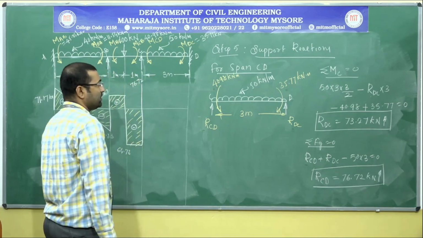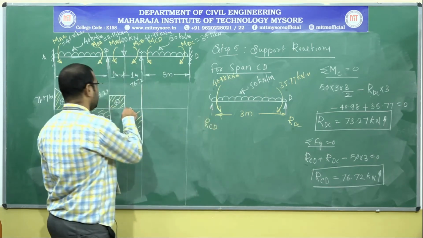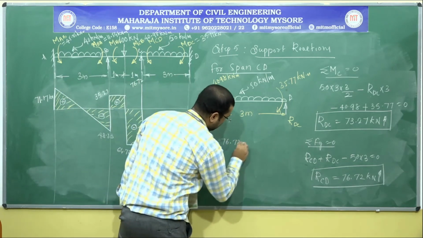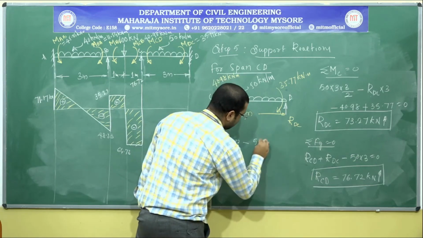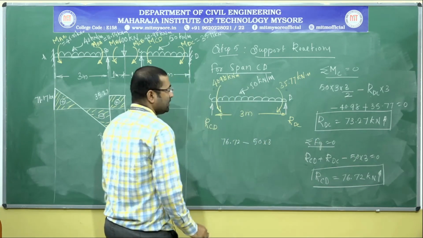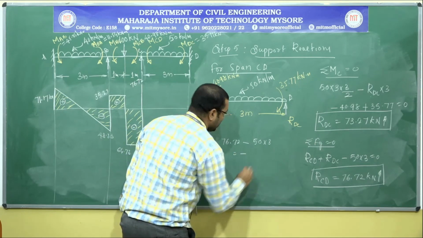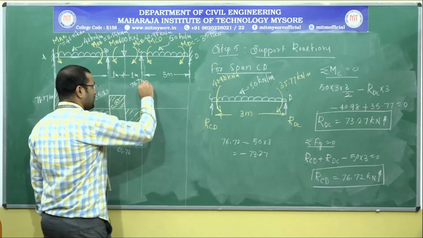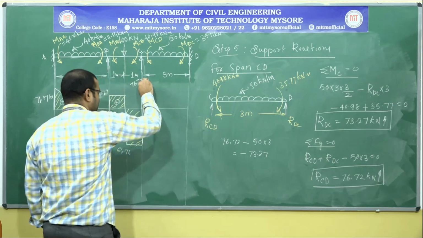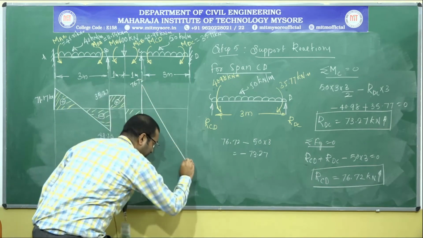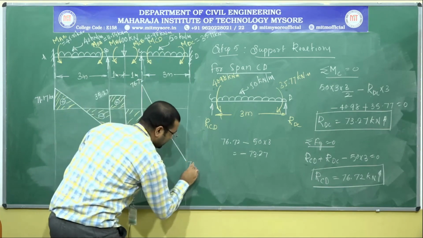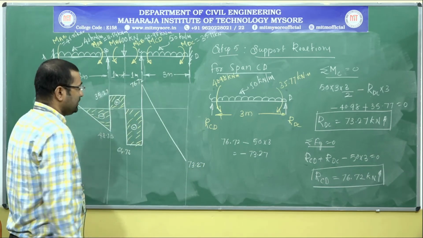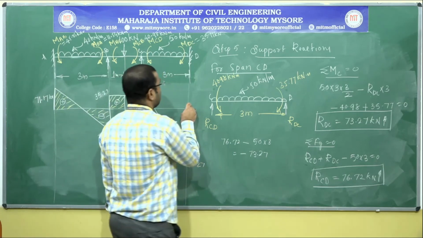We all know that because of the UDL the variation in the shear force diagram will be linear. So it is 76.72 minus this UDL, that is 50 into 3. This yields a negative value, minus 73.27. As it is negative, I have to take the shear force diagram to the negative side, something like this, 73.27.